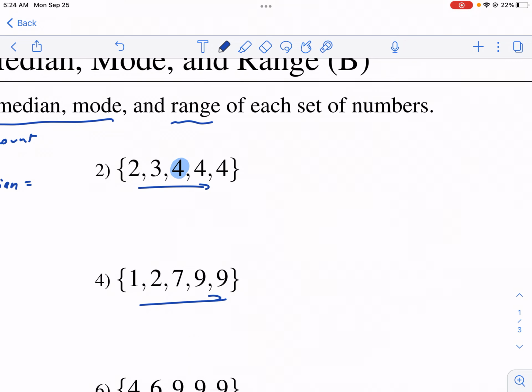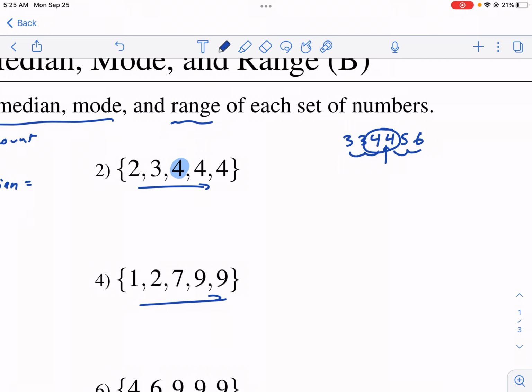Say, for example, if we have 2 middle numbers. So if it's 2, 3, 3, 4, 4, 5, 6. I think I made too many. Let me get rid of one of these numbers. Okay, so if we're making our way to the middle with an even number, we don't arrive on one number exactly. So we're looking for the number in between these two numbers if we have an even number.